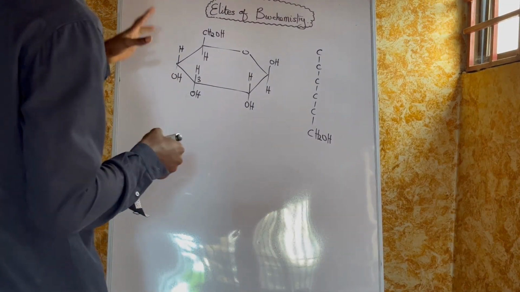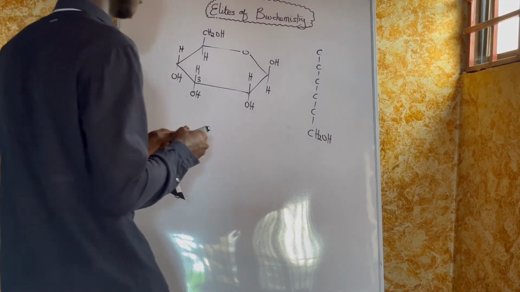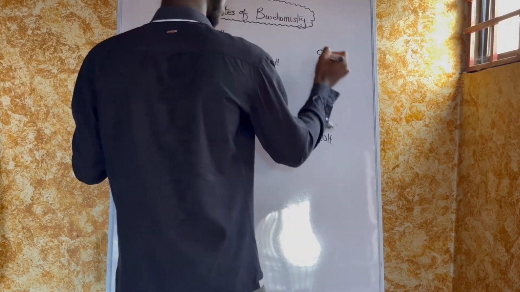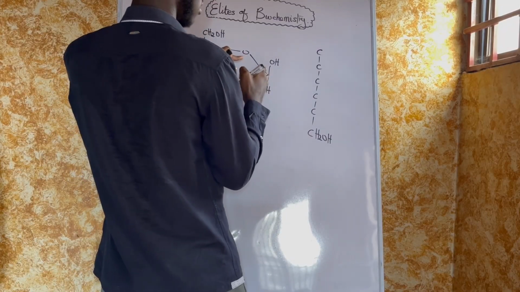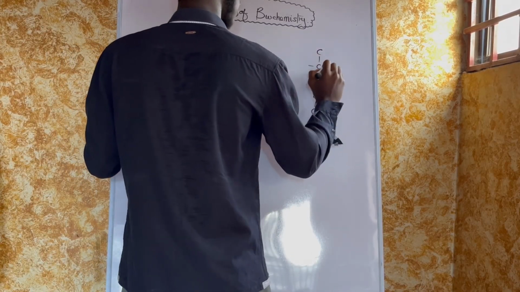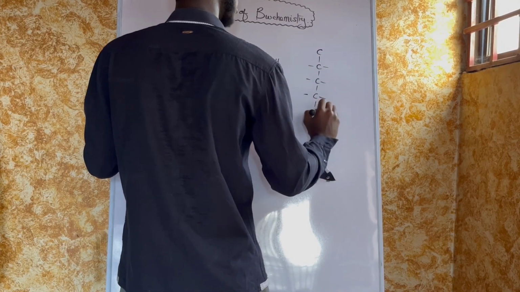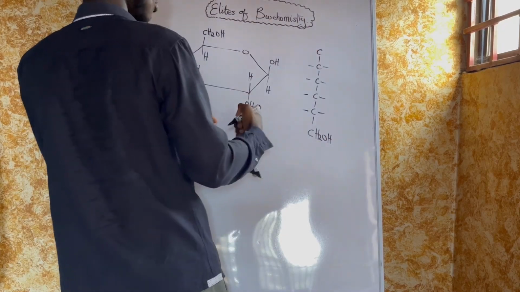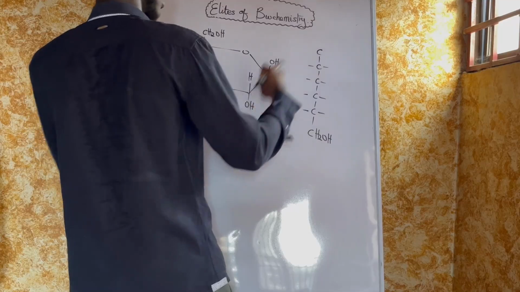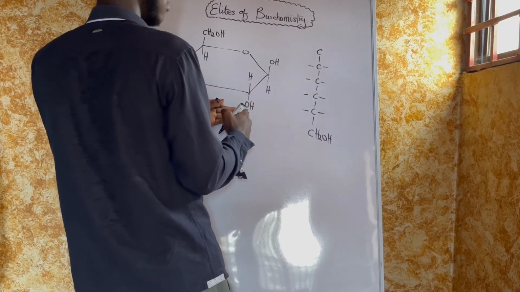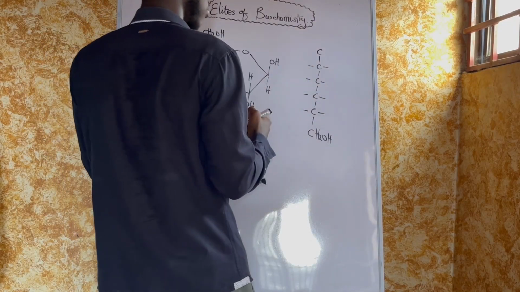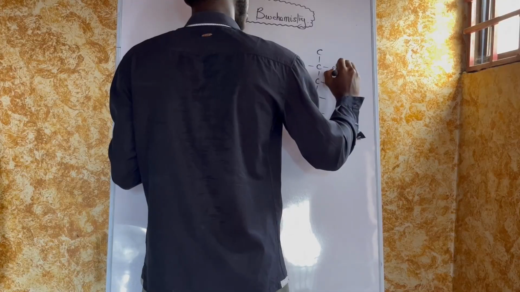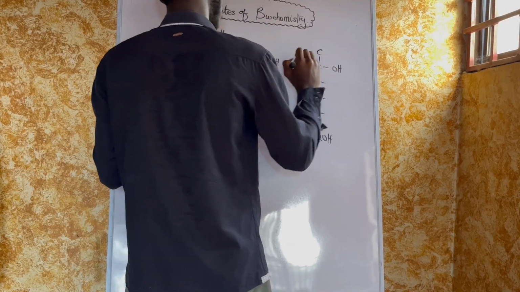Our sugar is a D sugar. So if it's a D sugar, what you have to notice is that this one is carbon 1. Let's focus on carbon 2, carbon 3, and carbon 4. Anything that is down should be on the right if you are referring to the straight chain projection. So on carbon 2, you have an OH in the down position, so we write it on the right, and this side will be our hydrogen.